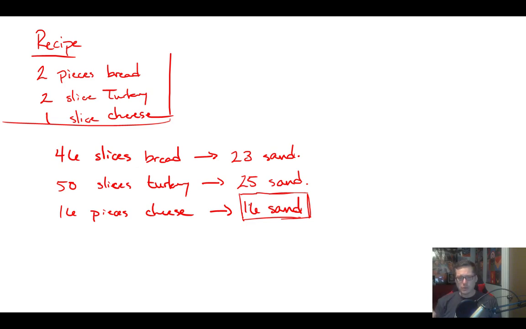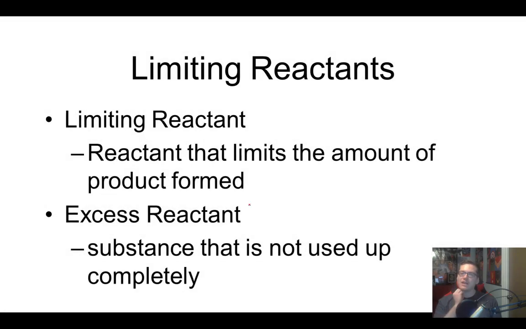That's really what we're going to be doing in this part: finding the reactant that we run out of first. The reactant you run out of first is called the limiting reactant. So the limiting reactant is the reactant that limits the amount of product formed. This is the thing that you run out of first.